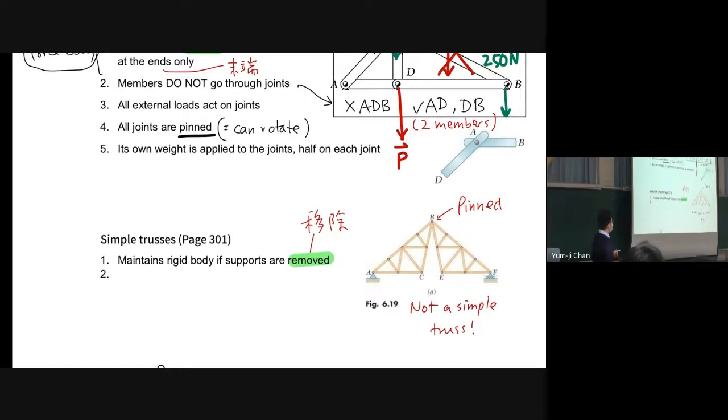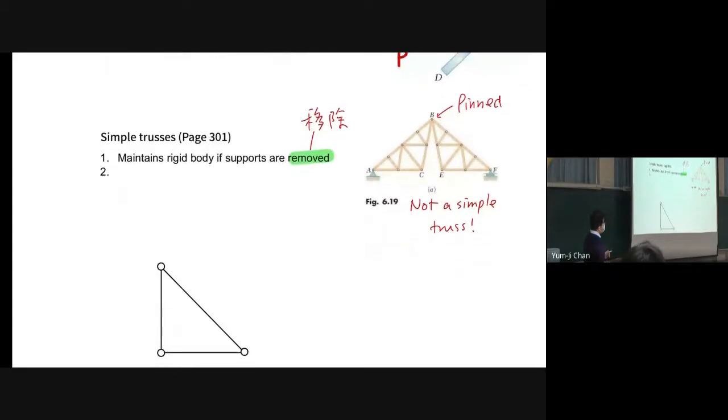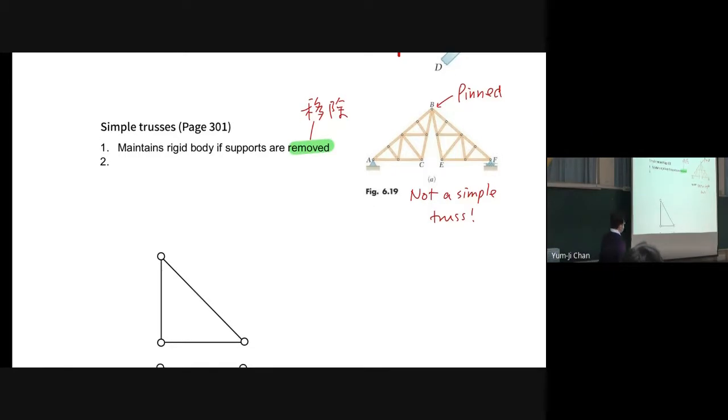Now we move on to one more thing. This is a simple truss, right?